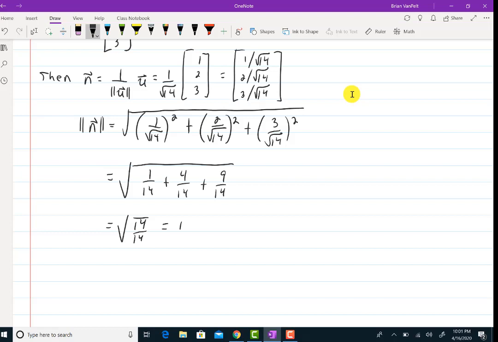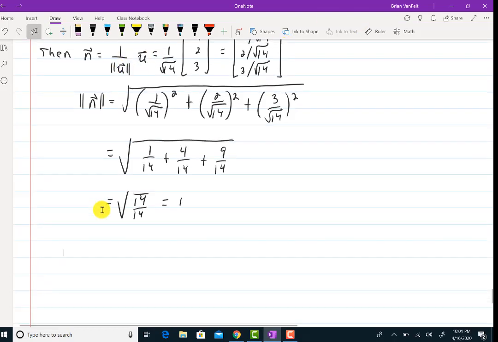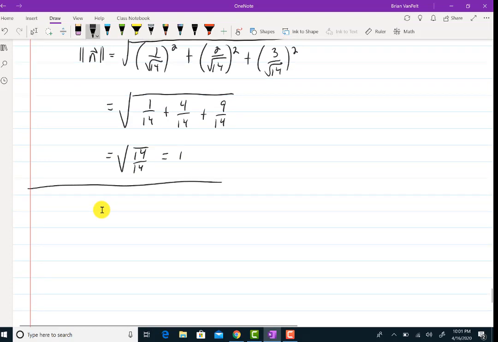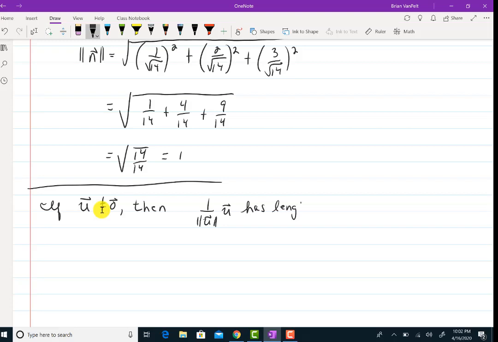So you can take any non-zero vector and normalize it simply by dividing by its norm. So if u is not the zero vector, then 1 over the norm of u times u has length 1. It's been normalized, or it's a unit vector, whatever you want to call it, a direction vector even if you'd like.